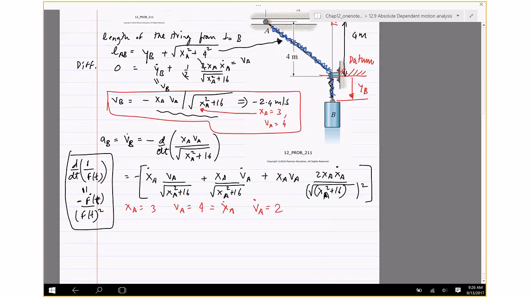After putting all that in, AB equals minus 3.25. So check this value, I'm not too sure about this value actually. But the negative sign is obvious. It tells me that when A accelerates to the left, the acceleration of B is going to be upwards.